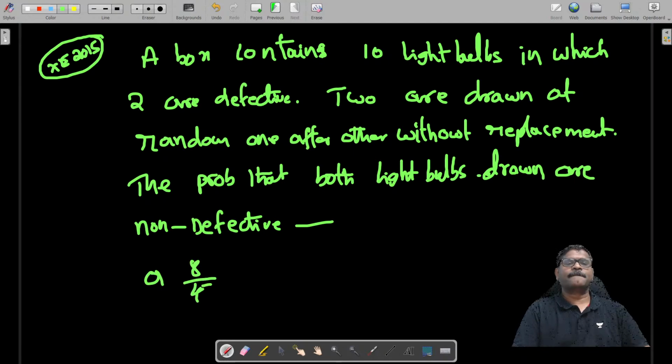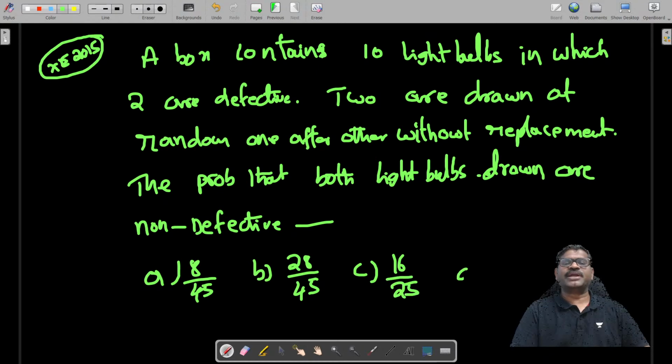Option A, 8 by 45, 28 by 45, 16 by 25, 4 by 5.